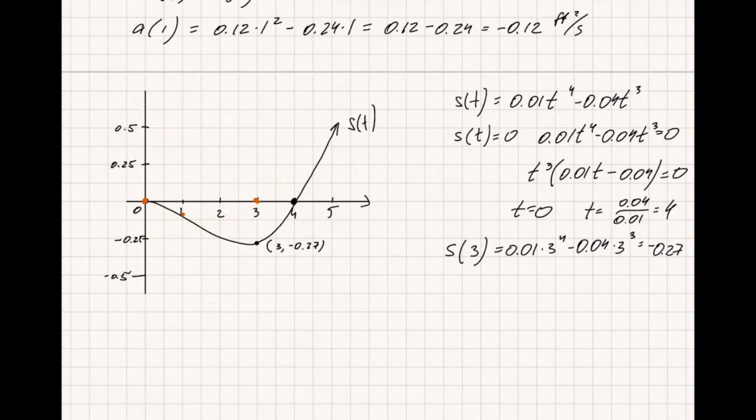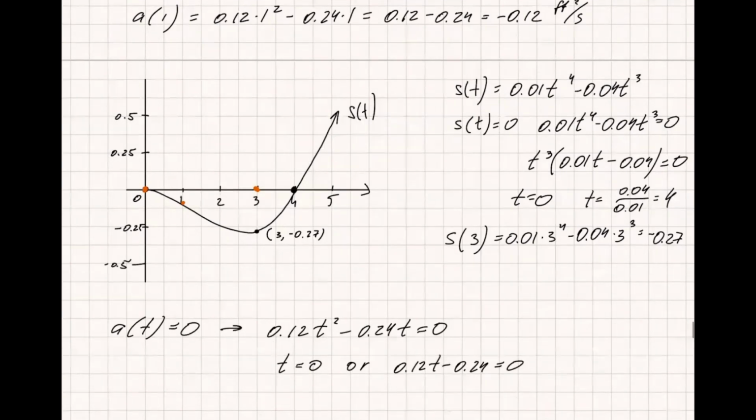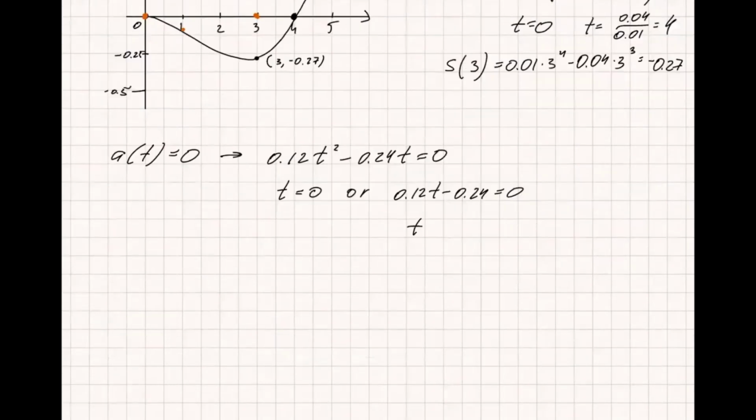So a(t) equals 0: 0.12t squared minus 0.24t equals 0. t is equal to 0, or 0.12t minus 0.24 equals 0, and I have t equals 0.24 over 0.12, which is 2 seconds.